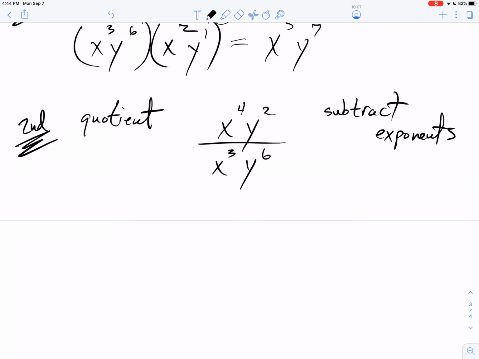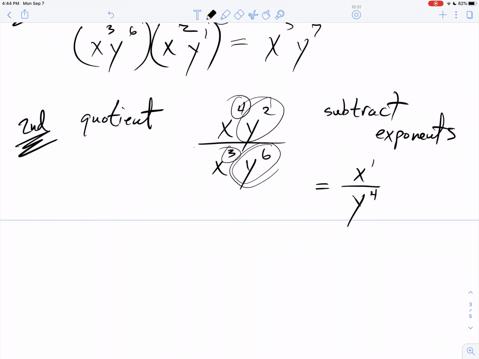See, I could just say, I am more powerful than you. How much more powerful is the numerator? It is 1 more powerful. What about these guys? What about the y's? Who's more powerful, top or bottom? The bottom is more powerful. By how much? By 4. How did you find that answer? 6 take away 2 is 4.